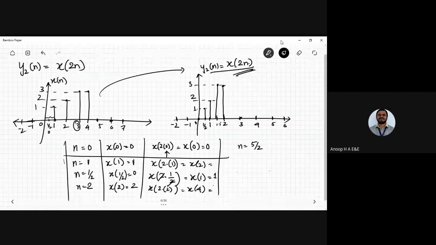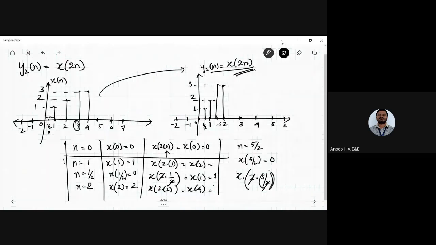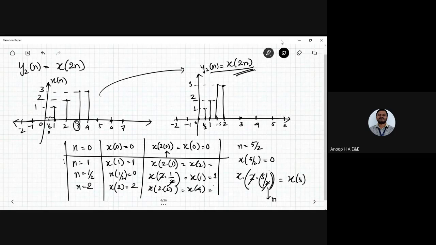It is not specified. x of 5 by 2 is equal to 0. x of 2 into 5 by 2, this is the value of n, that is x of 5. x of 5 will have 0.